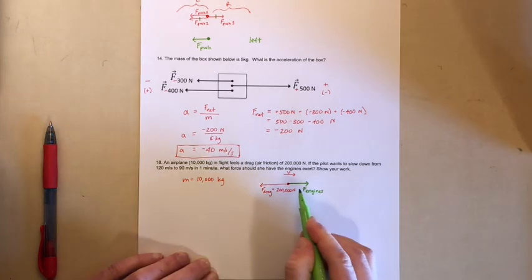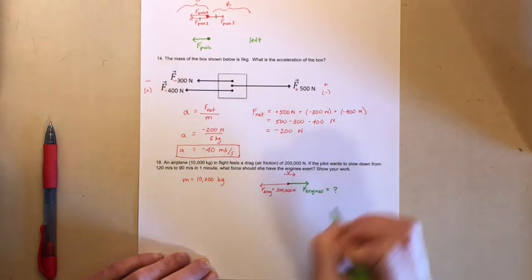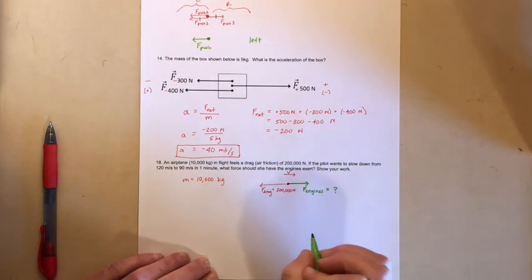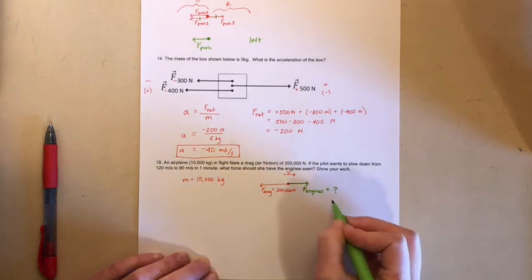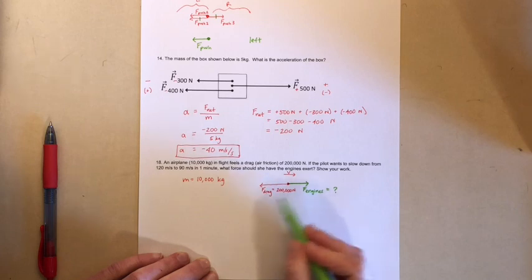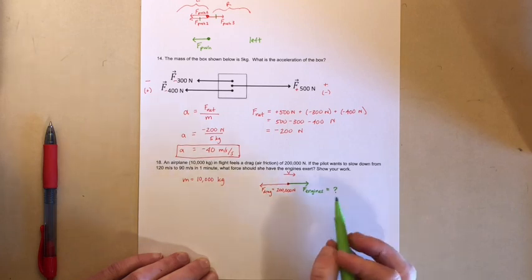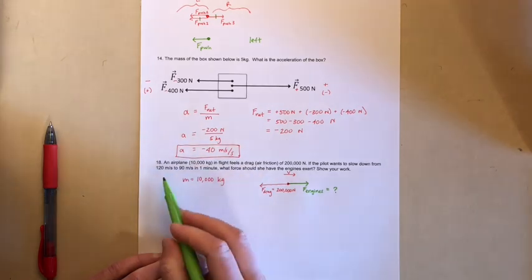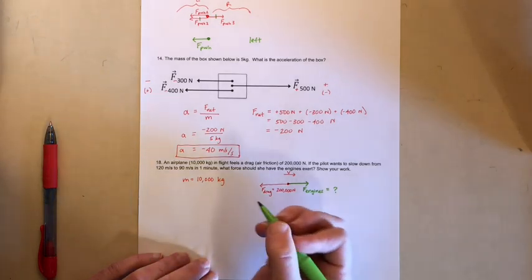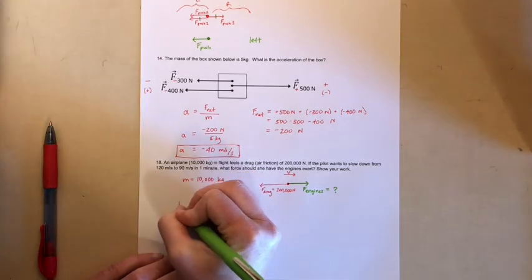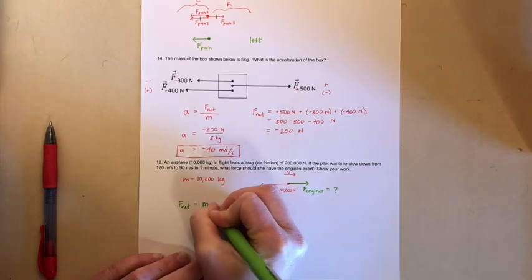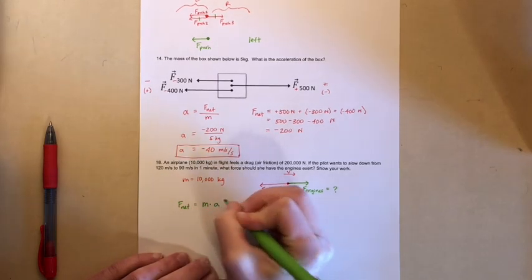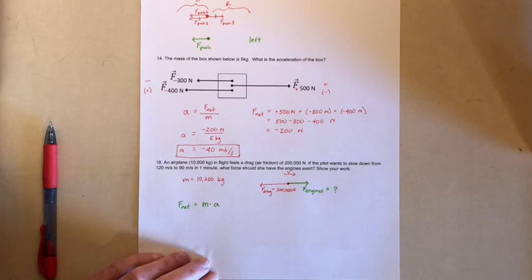And we want to actually quantify exactly how much is that force. So remember that in order to figure out a force, we're going to need to know the overall net force on the airplane here in order to achieve the acceleration that they want. So let's start from the equation that F net is equal to the mass of the object times the acceleration that it experiences.